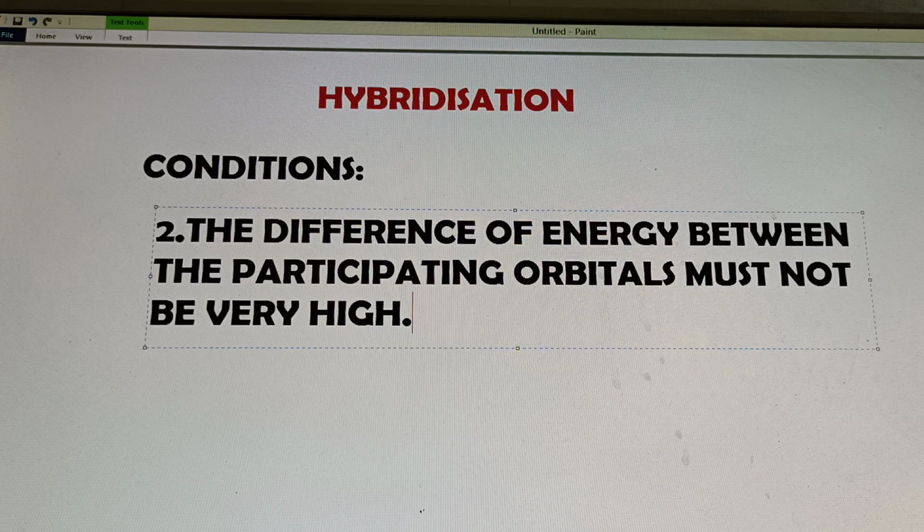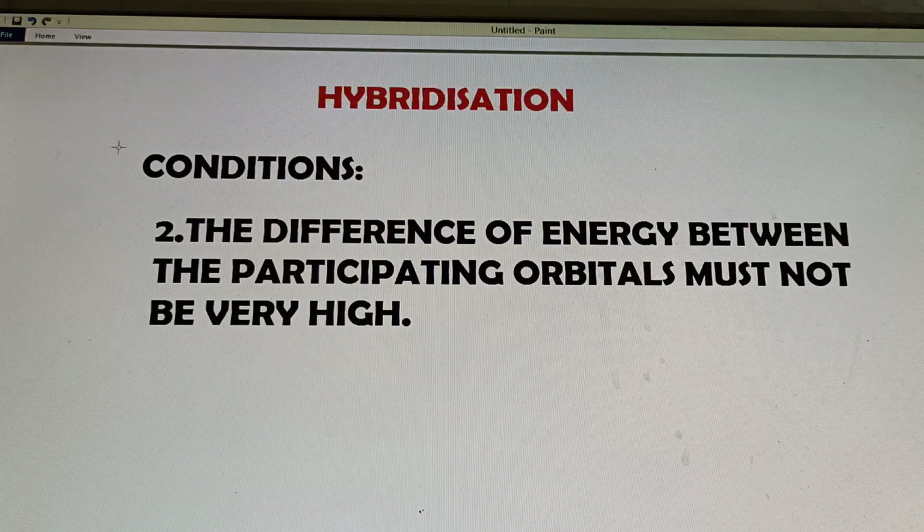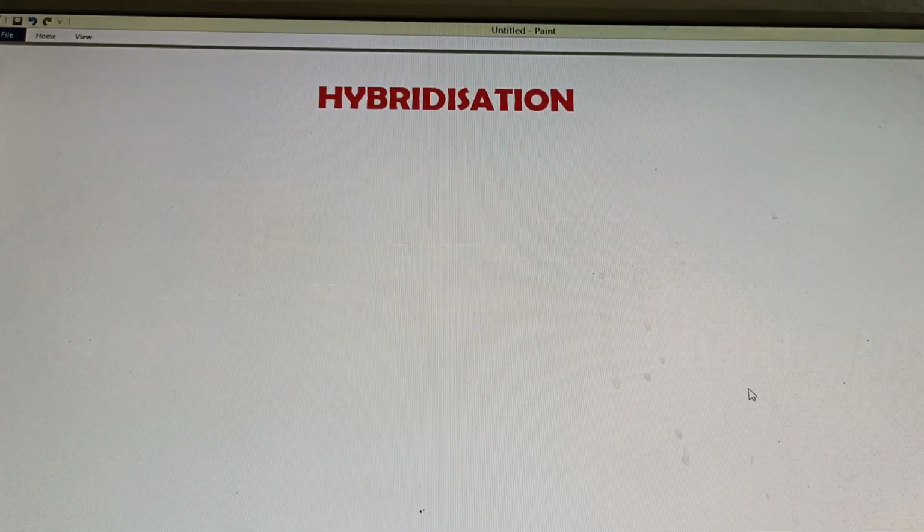It should be very low. Preferably very low; a small difference will be good for hybridization of the orbitals. So these two conditions are very important conditions for hybridization. Clear? Okay.